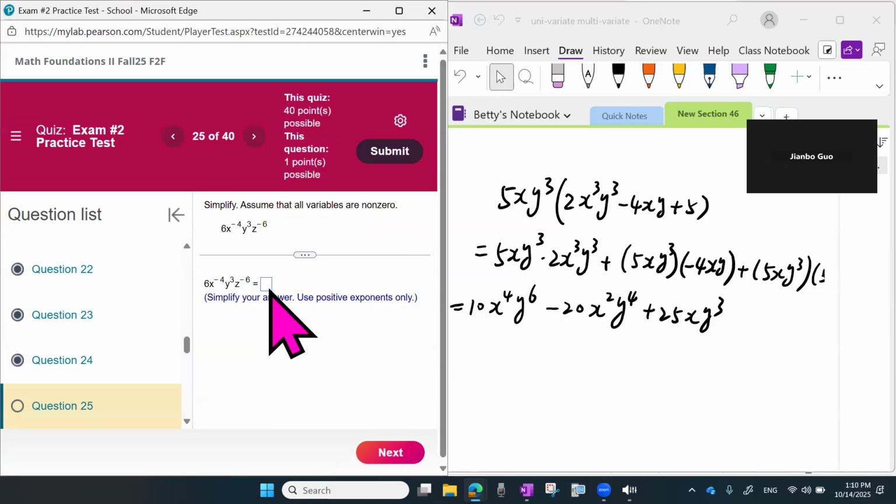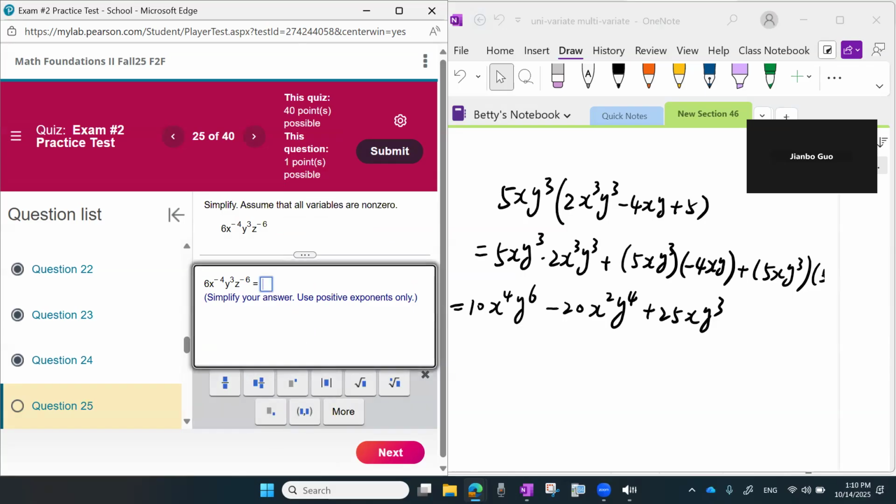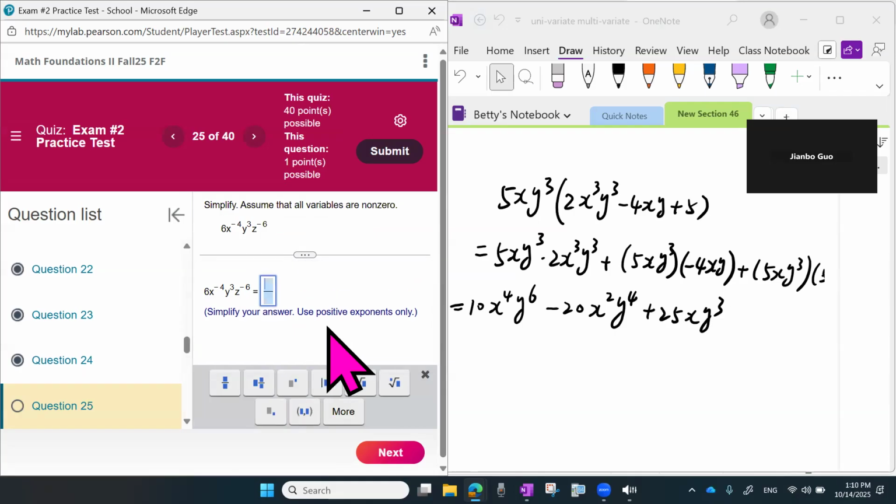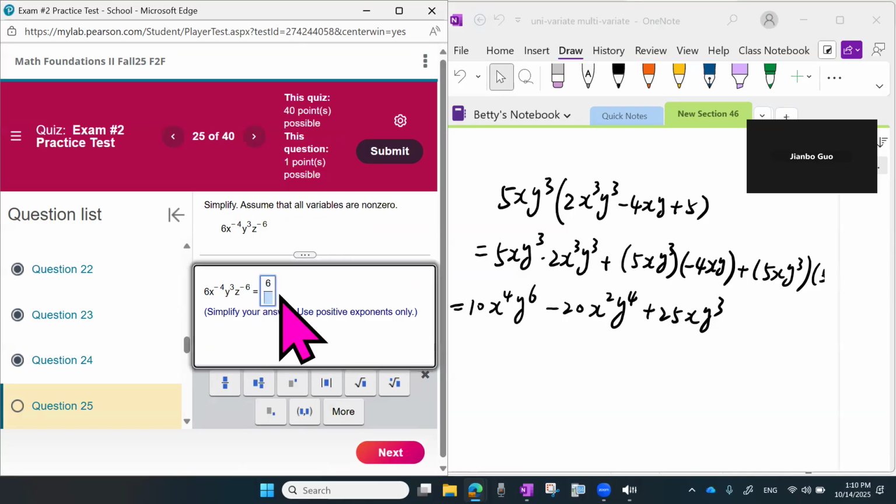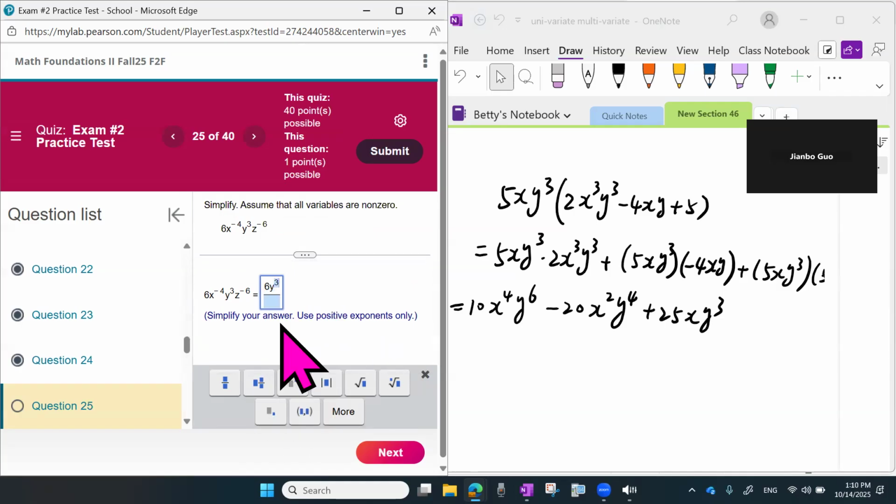Okay. So to simplify, we have to get rid of the negative exponent, right? So 6 is going to stay on the numerator. We're going to have y cubed also stay in the numerator. So 6y cubed. In the denominator, we're going to move the negative sign in front of 4 and put x fourth power in the denominator.